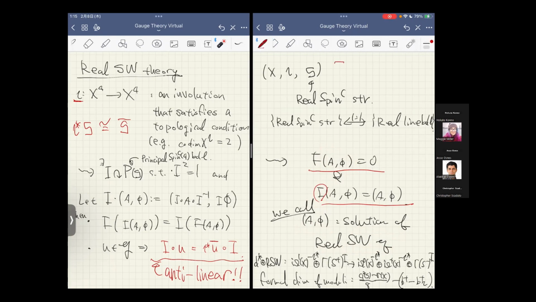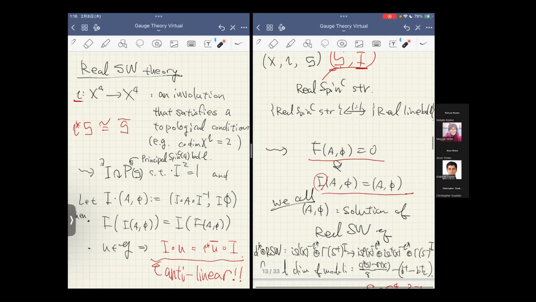We call the pair of the spin-c structure and this antilinear involution a real spin-c structure. The classification of real spin-c structures is given by the classification of real line bundles on X with Z/2 action. So this is the picture of real Seiberg-Witten theory.